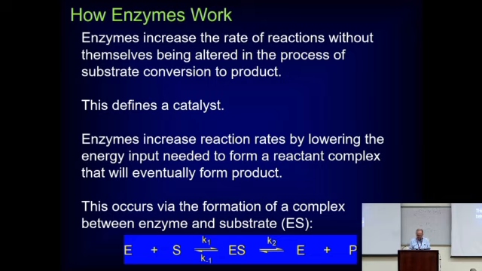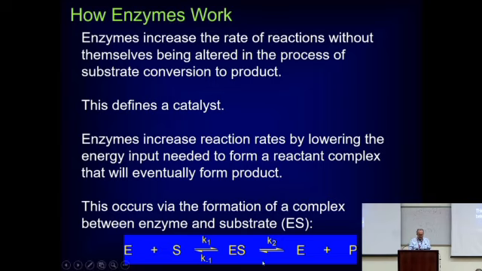Very important thing. In order for an enzyme to work, it needs to first find its substrate. Enzyme, substrate, you form a complex, the ES complex. Then the ES complex goes through a stage where the substrate is kind of activated.